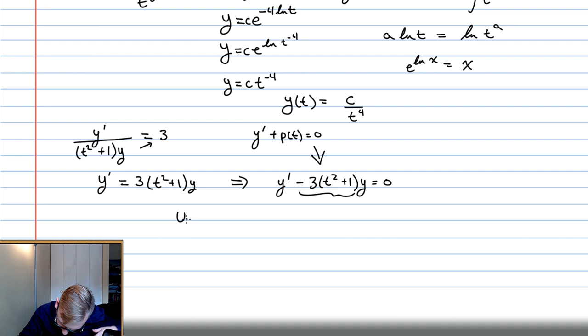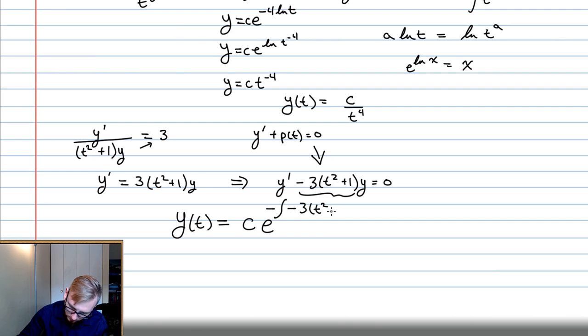Y of t equals some constant e to the negative integral of negative 3 times t squared plus 1 dt. Okay. Now, what is this integral? Well, the minus sign's turned into plus, right?